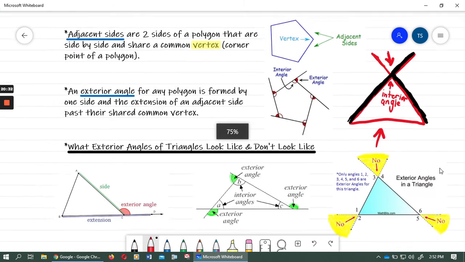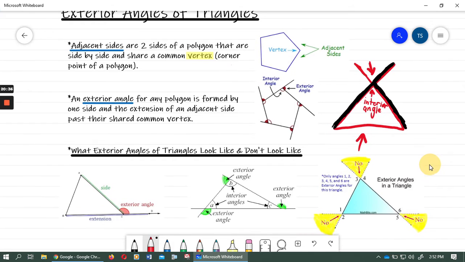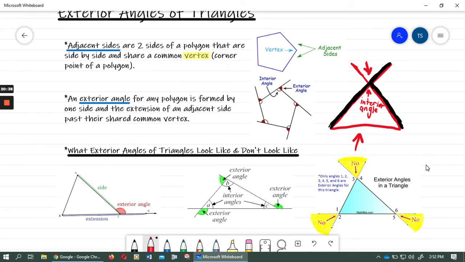All right, I'm gonna zoom out a little bit right there. So again, that angle right there is just a vertical angle of an interior angle, or a vertical angle with one of the interior angles. It forms a pair of vertical angles with one of the interior angles. How about that?